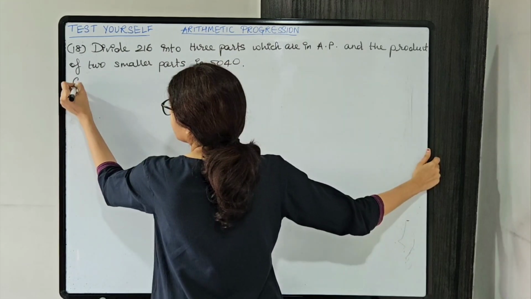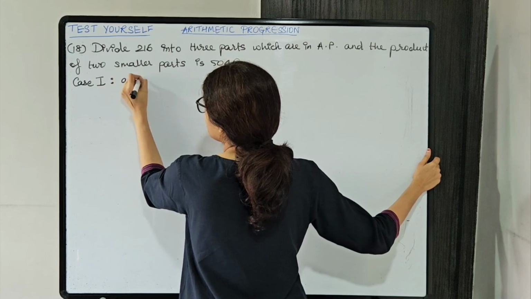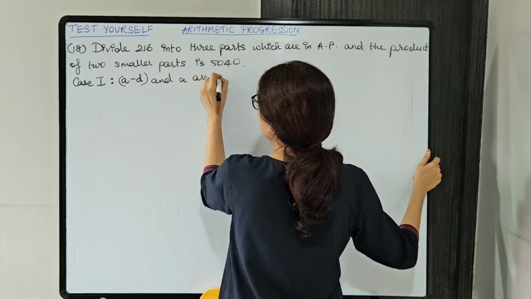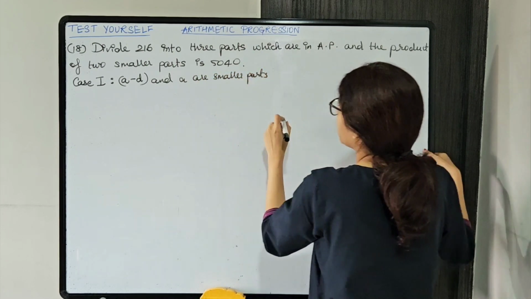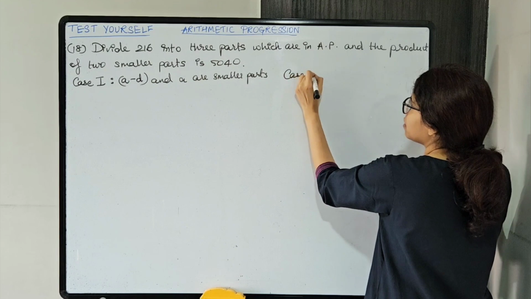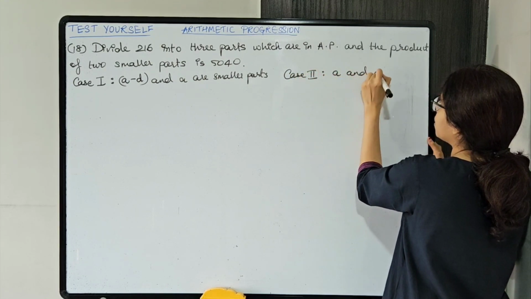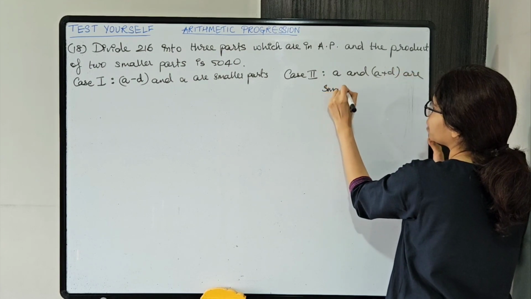Okay, so case 1 is a minus d and a are smaller parts, and case 2 will be a and a plus d are smaller parts.